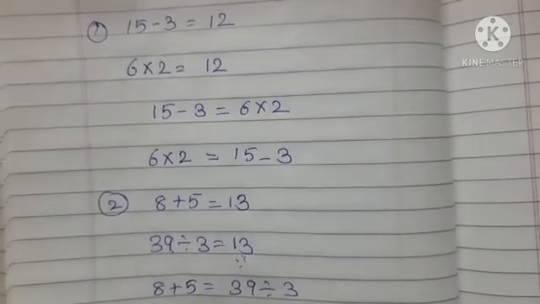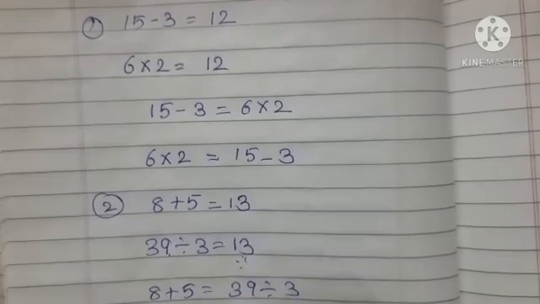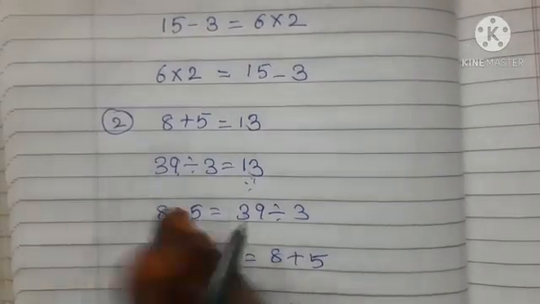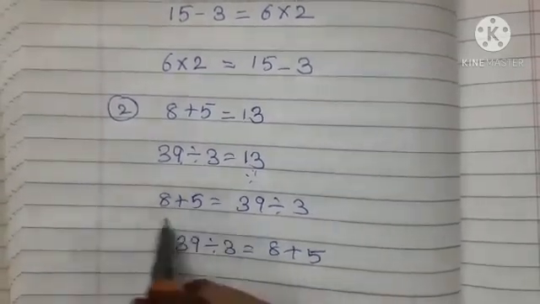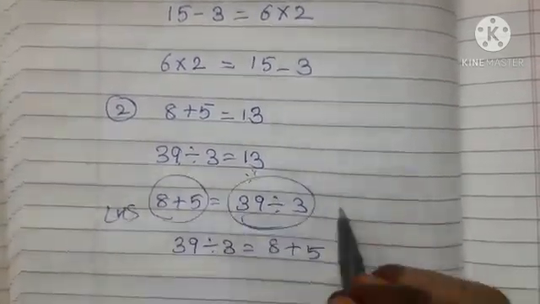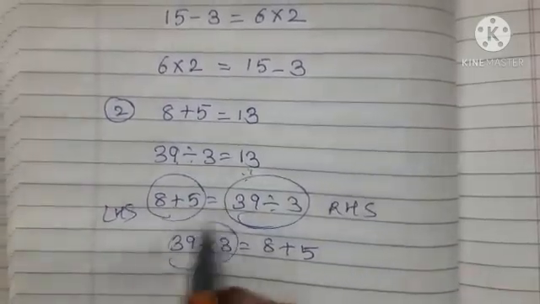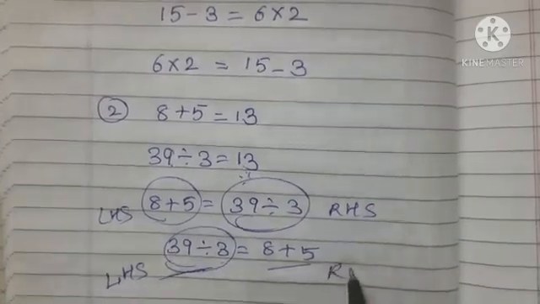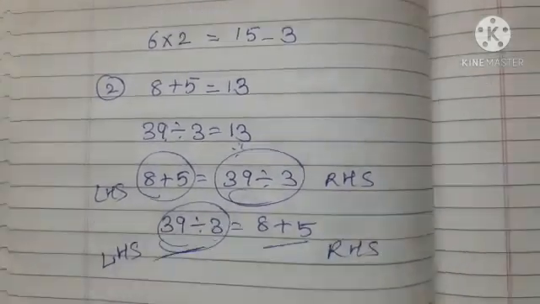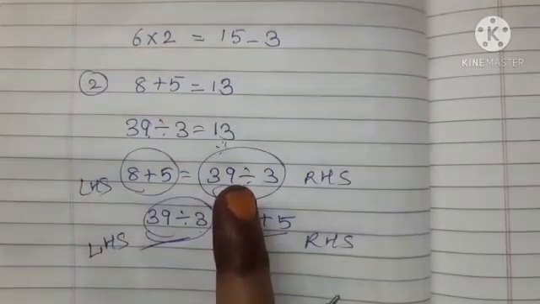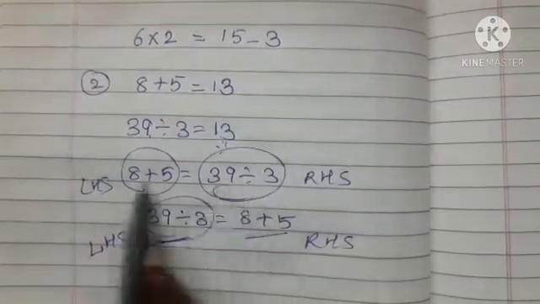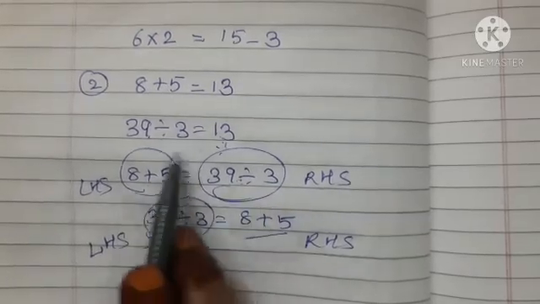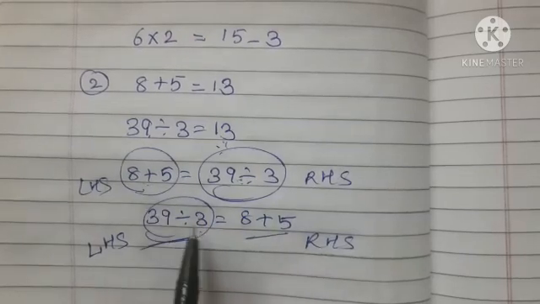Or we can say 39 divided by 3 is equal to 8 plus 5. We can write in the reverse order also. Now this is your left hand side and this is your right hand side. Here your left hand side is changed. This is the left hand side and this is your right hand side. Here we can call it equality. Both the operations have the same answer. So this is called an equality.